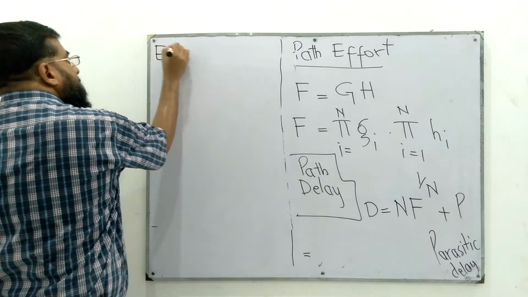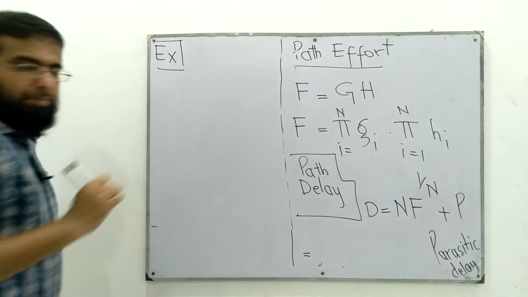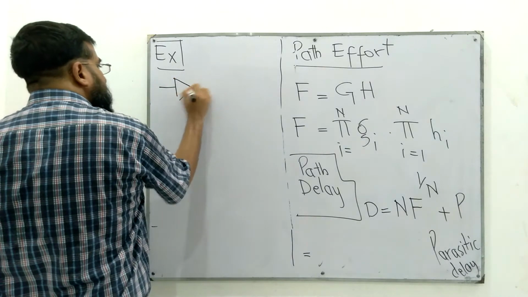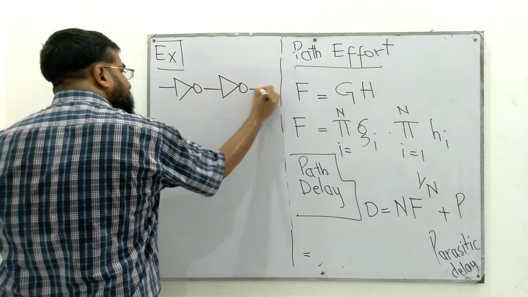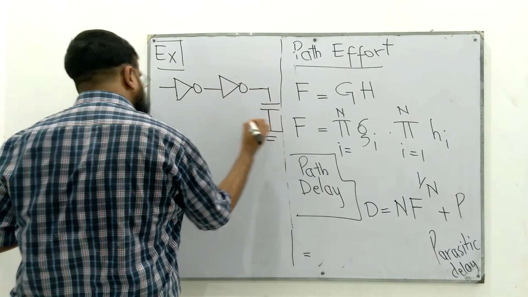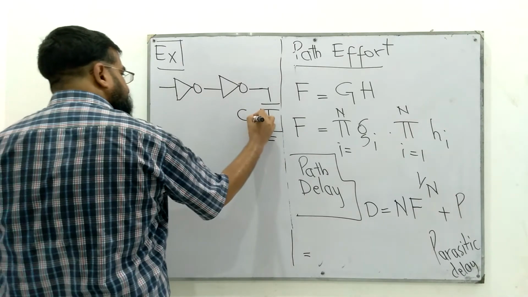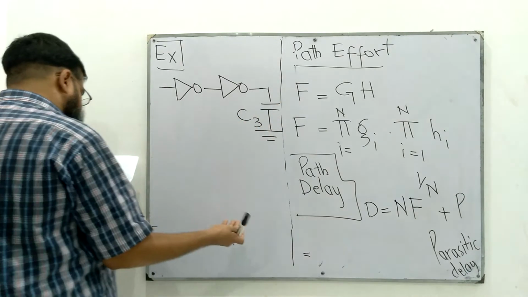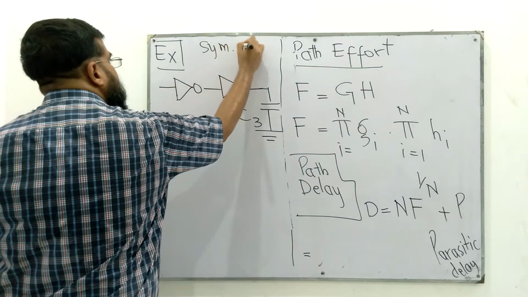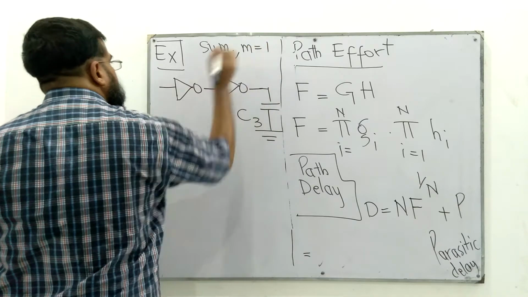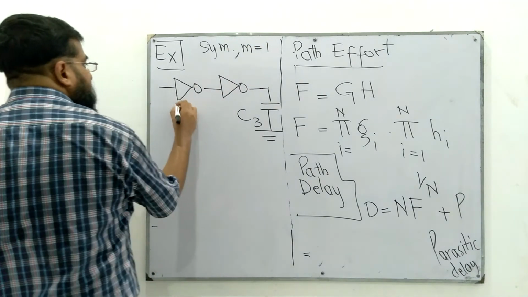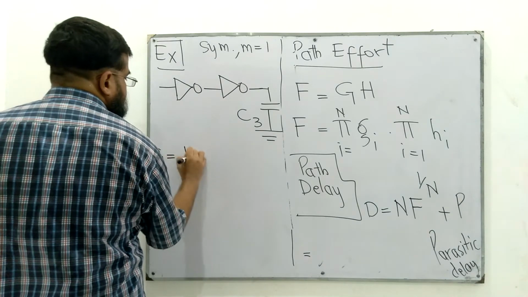To better understand the concept, let's solve an example where we have a NOT gate. The NOT gate is driving another NOT gate, and that is driving a capacitance. The capacitance that the final gate is driving is C3. Both gates are symmetric with M equal to 1. So what would be the capital G?